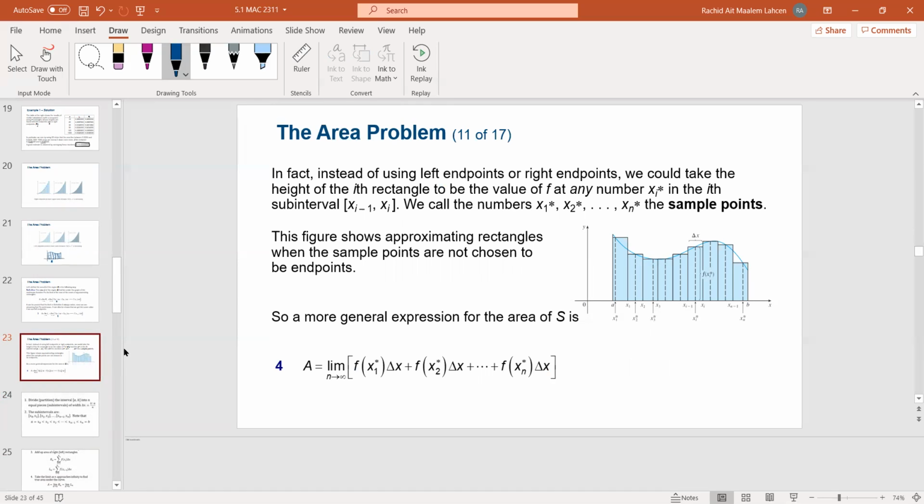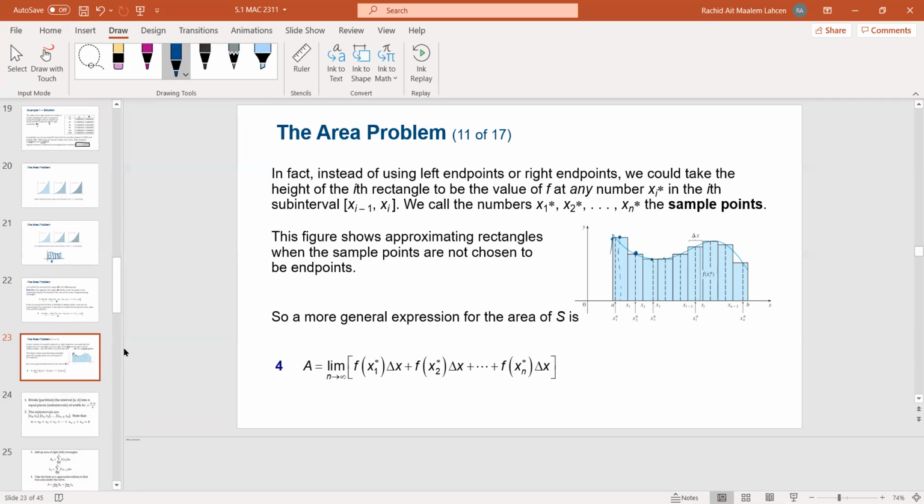Or we can take an xi number. So for the length, which is like the height for the picture, instead of taking the left one or the right one, we can take xi star, which is whichever we think is convenient for calculation. For example, we can take the midpoint, right?